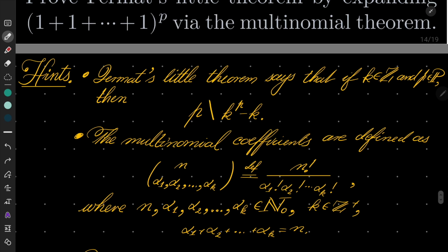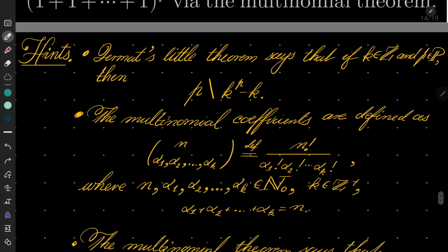N choose alpha 1, alpha 2, ..., alpha k is defined to be n factorial over alpha 1 factorial, alpha 2 factorial, ..., alpha k factorial in the denominator, where n, alpha 1, alpha 2, and so on are natural numbers, k is a positive integer, and crucially, these lower indices should sum up to n.